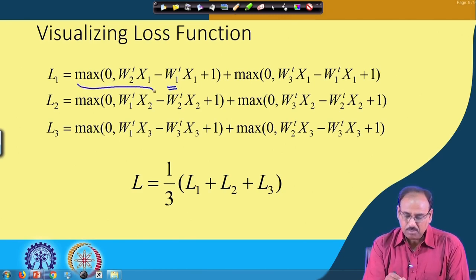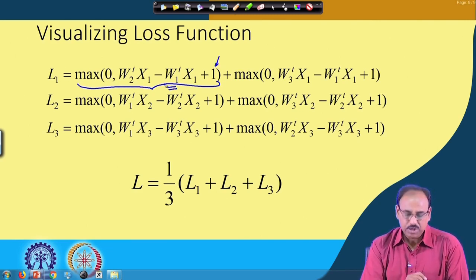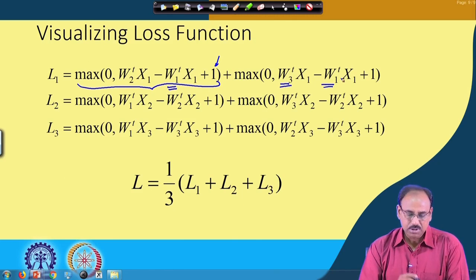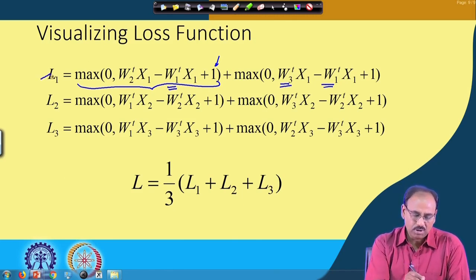And this particular term will be 0 only when W1 transpose x1 is more than W2 transpose x1 at least by 1. That means, as long as W1 is very small, your loss function is positive. Similarly, as long as W1 is less than W3, here also it will be positive. However, as W1 goes on increasing, the loss function gradually reduces and ultimately it becomes 0 and remains 0 for this component L1.